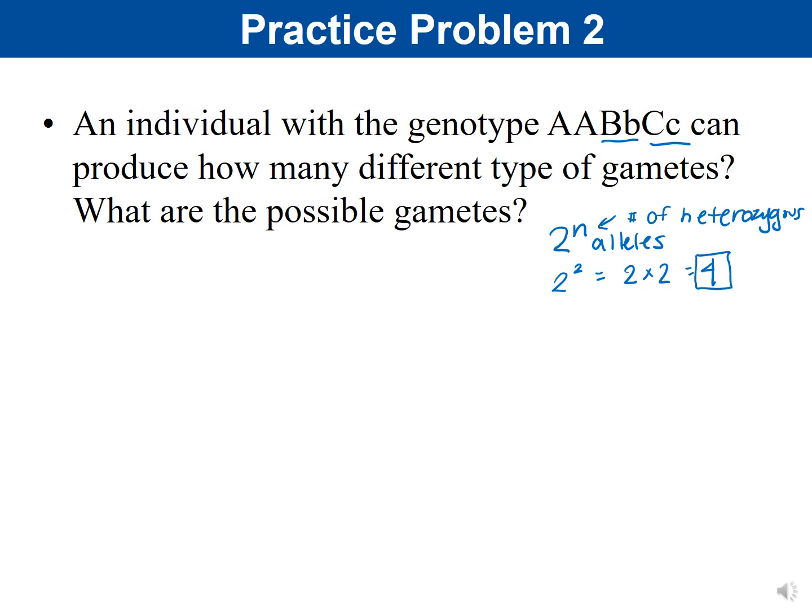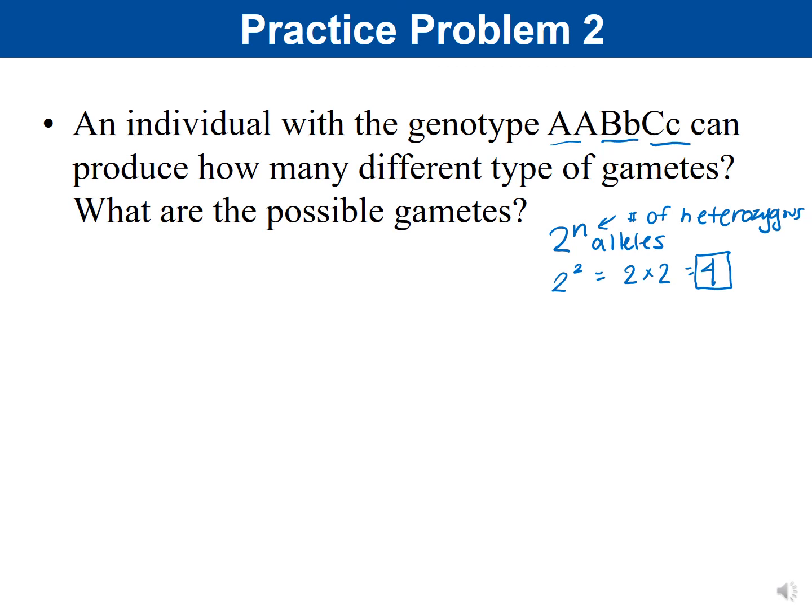So if I needed to just simply know the number of different gametes, I can use this formula. The reason I don't have to include this homozygous is that's not going to produce a unique gamete. The offspring will always have the big A.